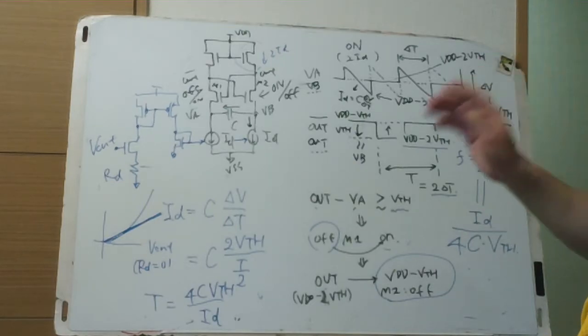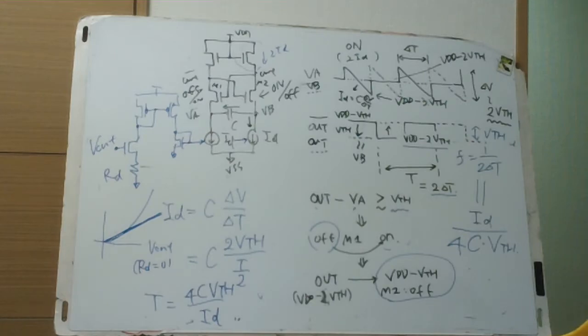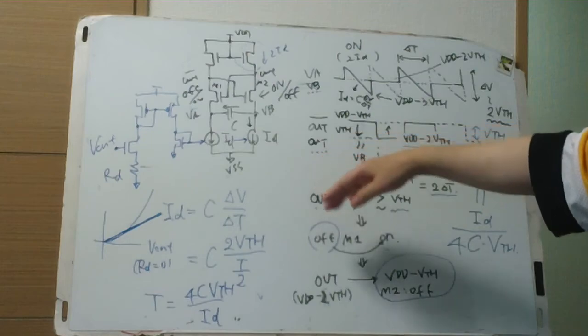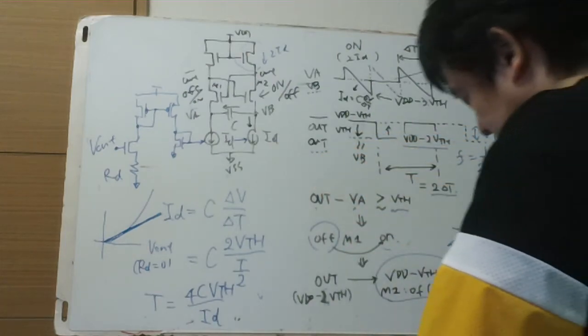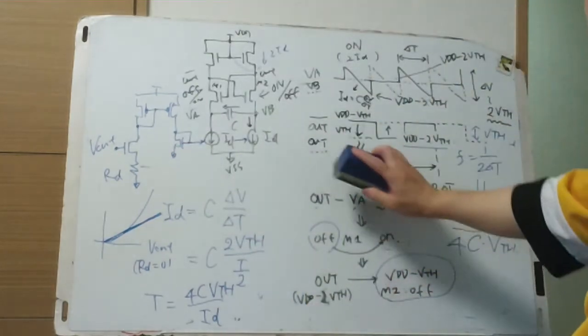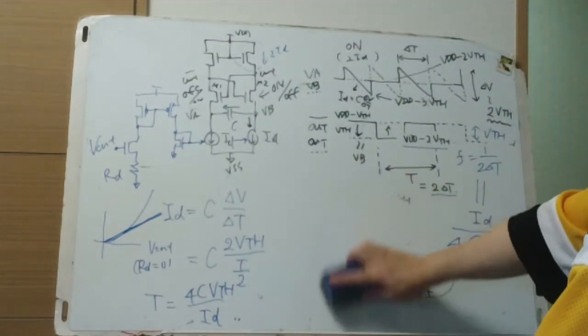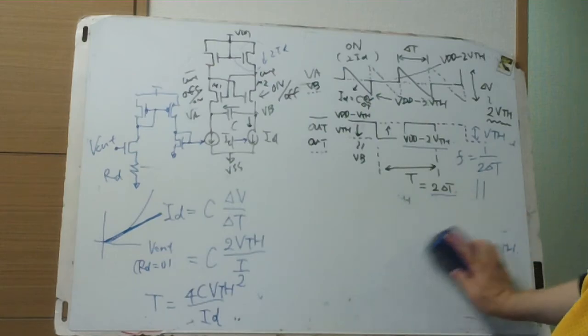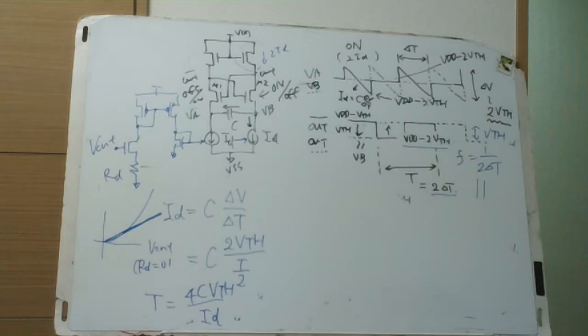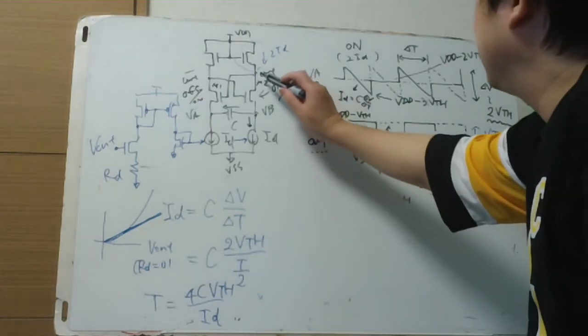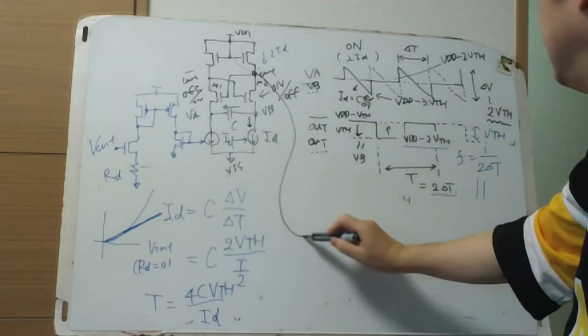Very small, so we need to amplify the VTH to rail-to-rail voltage of VDD using a buffer, like this differential voltage buffer, maybe like this.